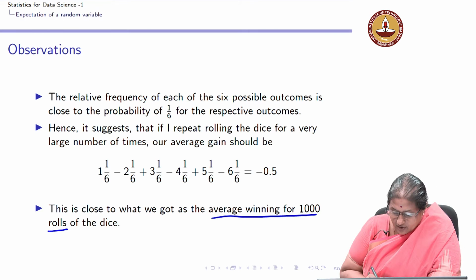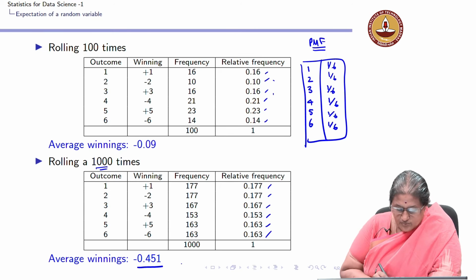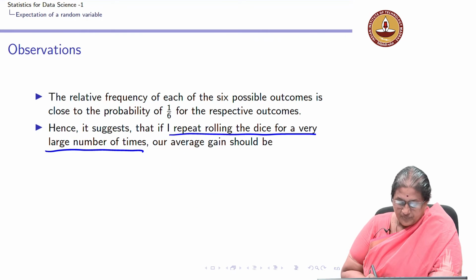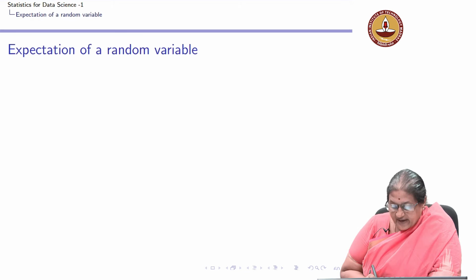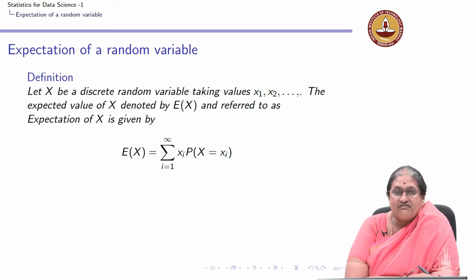You recall the average winning of 1000 rolls of a die was minus 0.451.